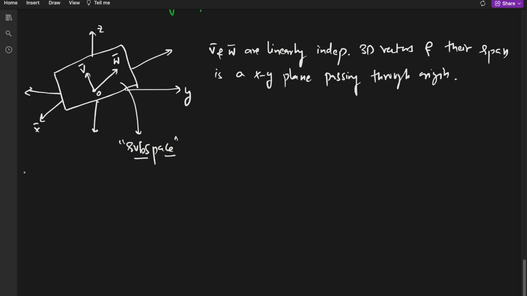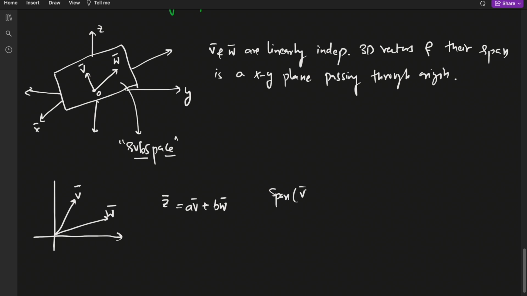All right, okay, just one more thing. Now let us suppose here we have two vectors v and w, right? And we know that z is another vector which is nothing but a linear combination of v and w. So the span of v, w is the same as the span of v, w, z, which is R².